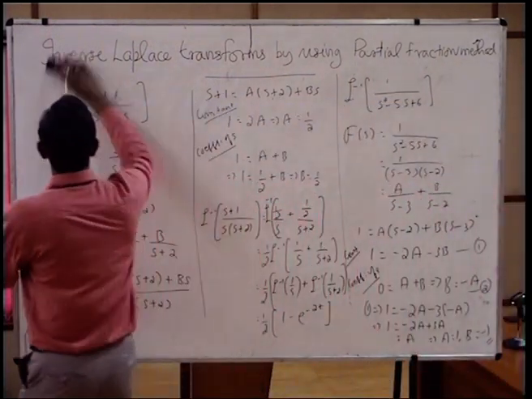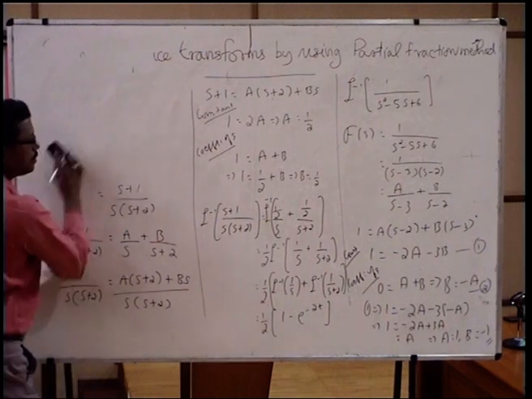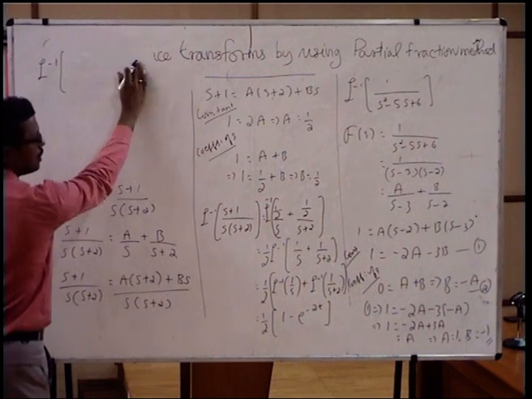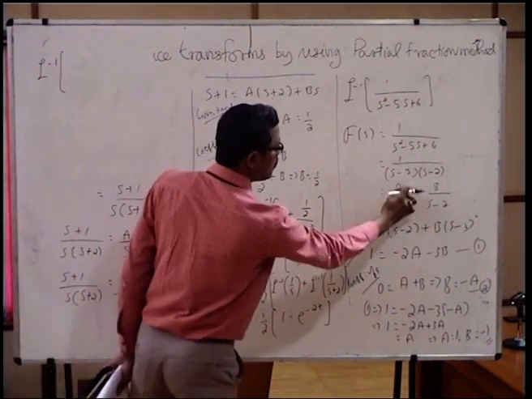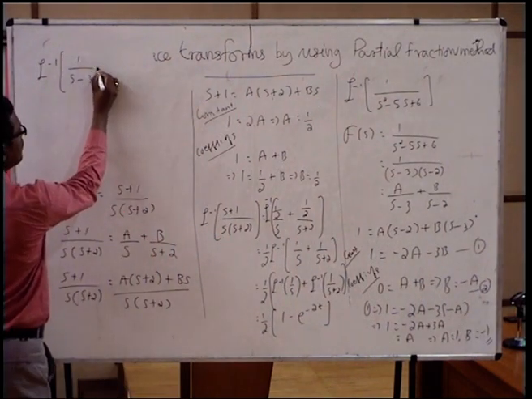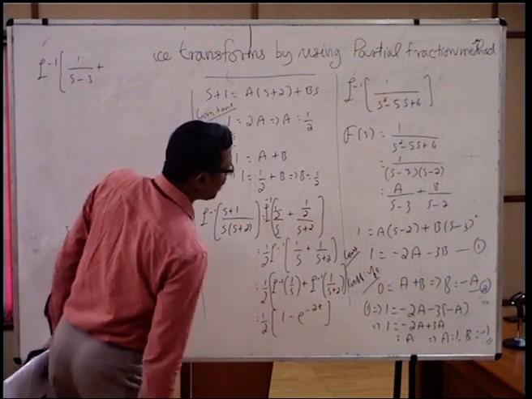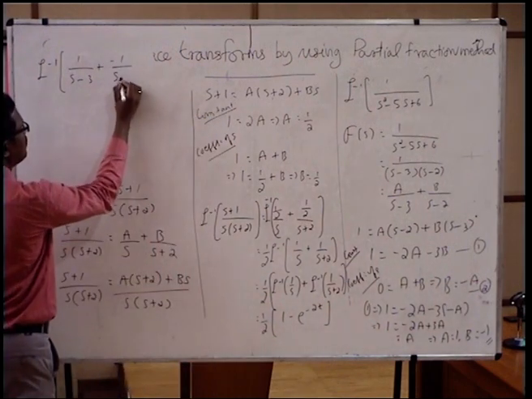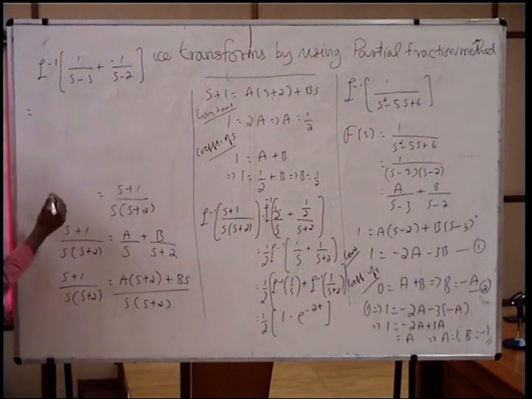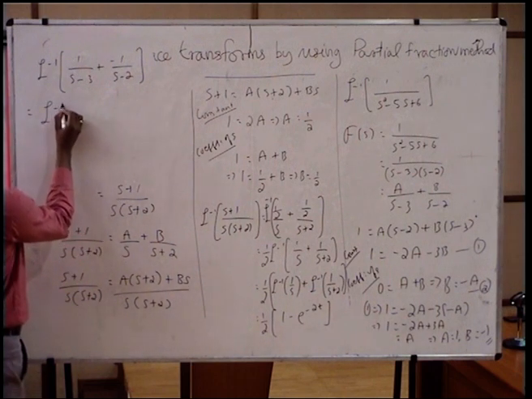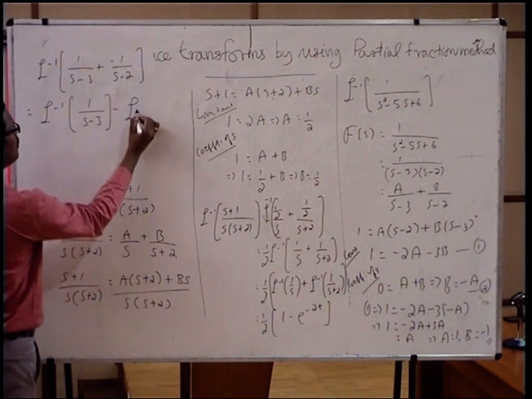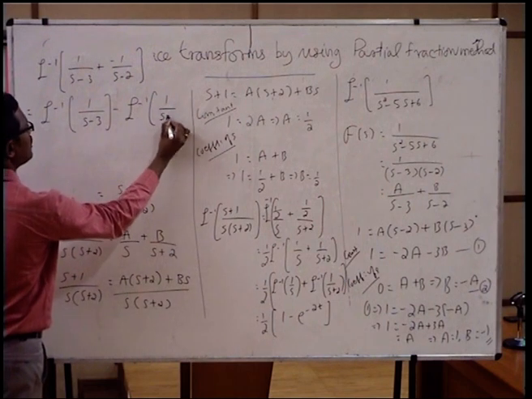L inverse of 1 by (s minus 3), a equal to 1, plus b equal to minus 1, so minus 1 by (s minus 2). Or by the linearity property of inverse transform, we can write this as L inverse of 1 by (s minus 3) minus L inverse of 1 by (s minus 2).